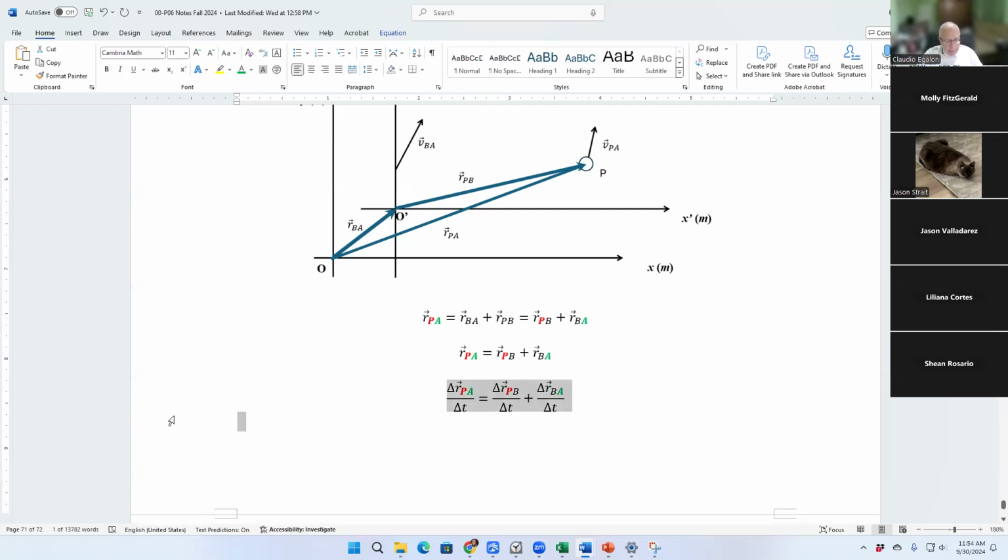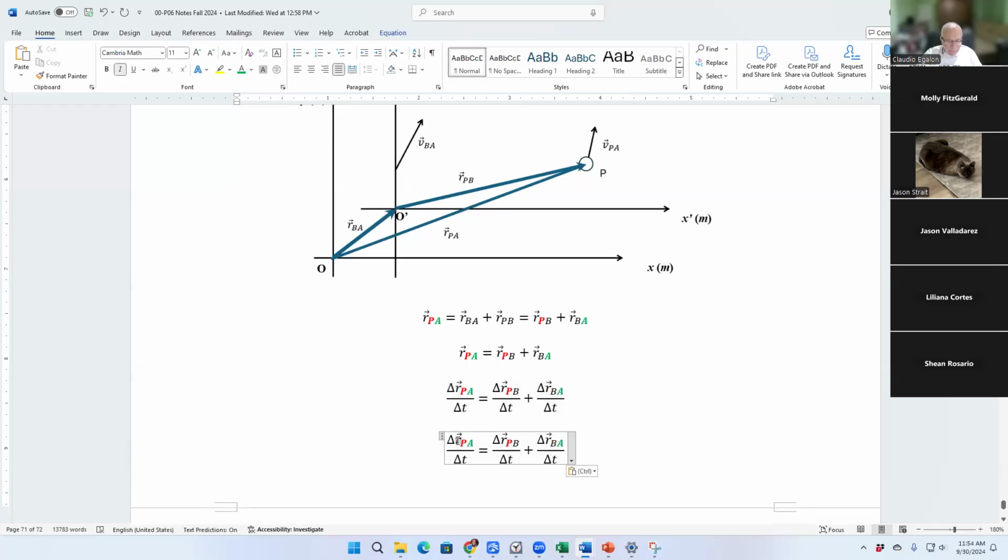Delta RPA over delta T is in reality VPA, right? Similarly, delta RPB over delta T is going to be what? VPB. And this other one, VBA.